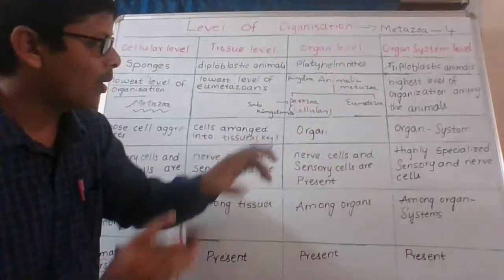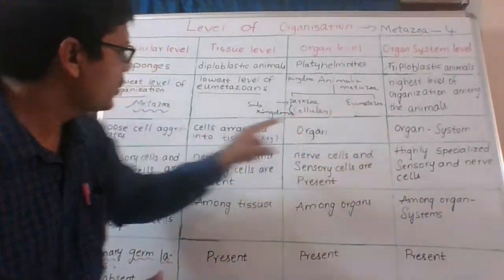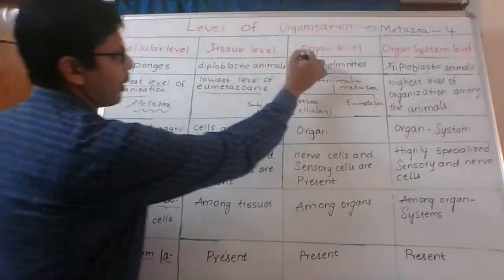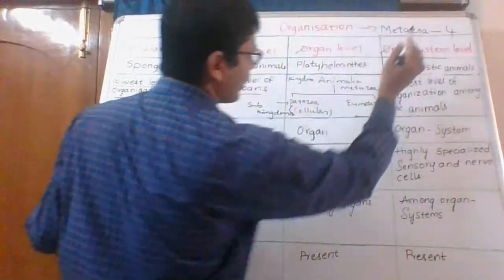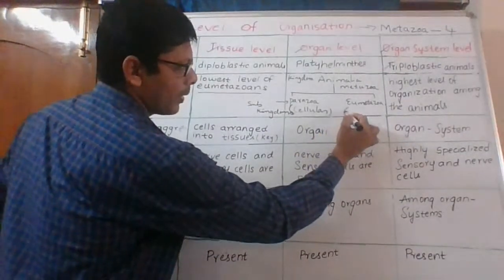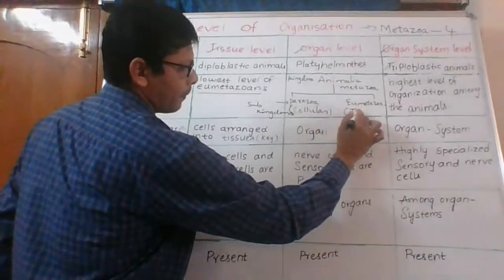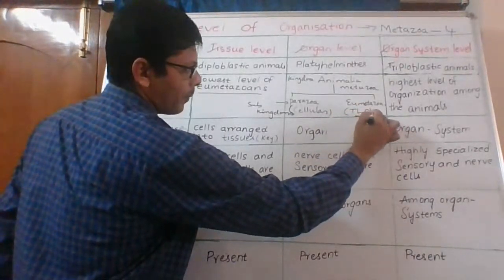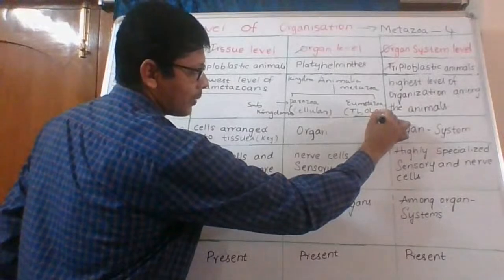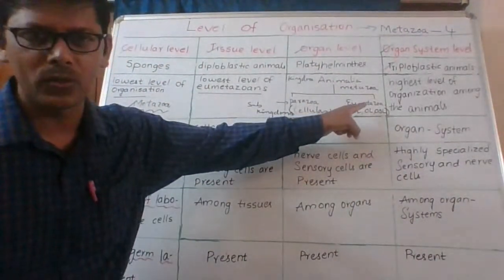Here in parazoa, cells are not organized into tissues. Here in eumetazoa, there are tissue level, organ level, and organ system level of organization. These three levels are found in eumetazoa.